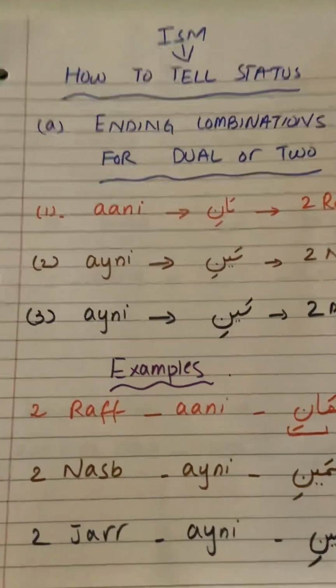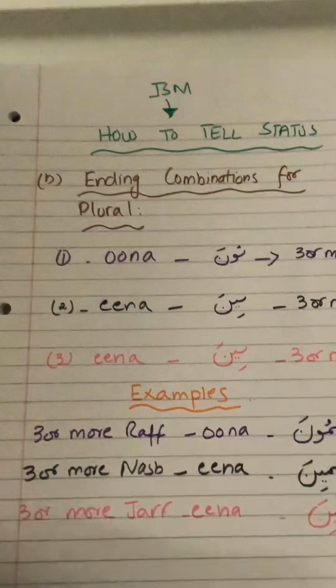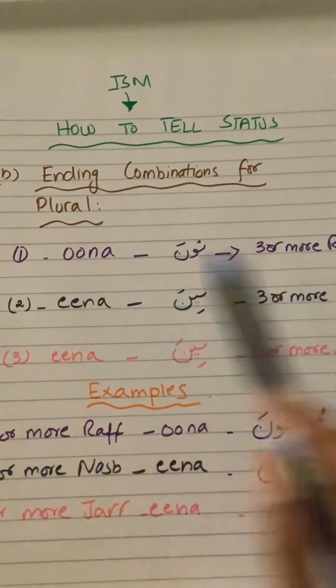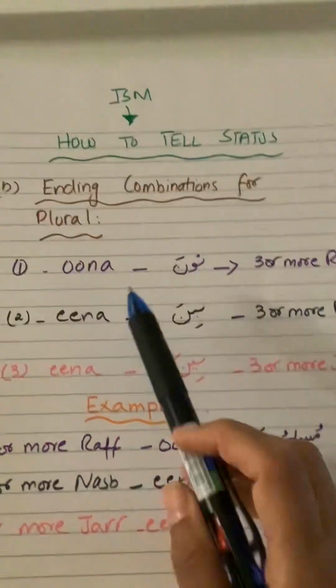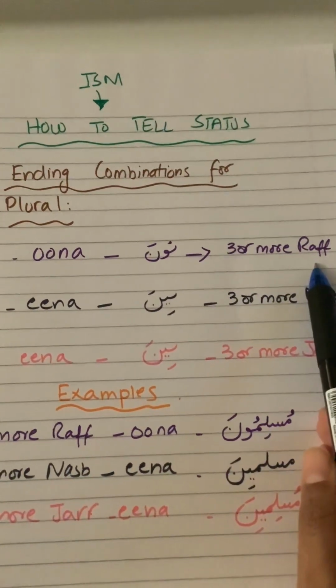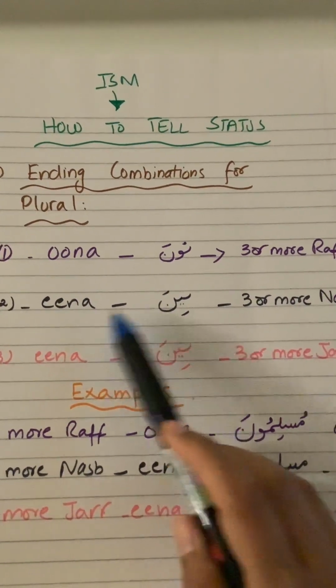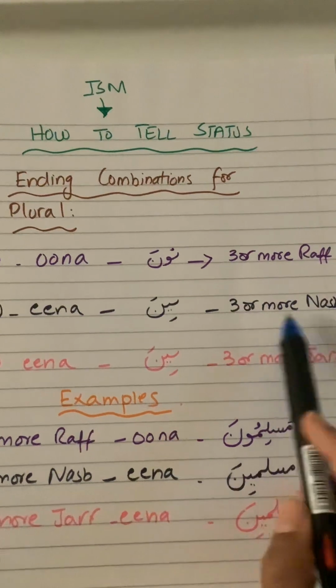So let's see now what the combinations for plural are. The ending combinations for plural are una, like Muslimuna, that is three or more rafa. Then if you hear the sound ina at the end of a word, that means it's three or more nasb.